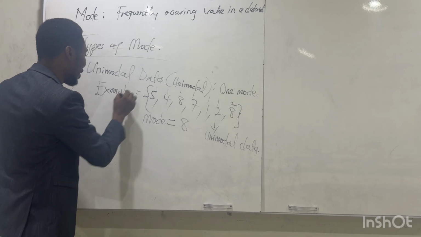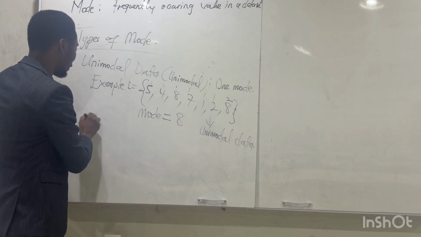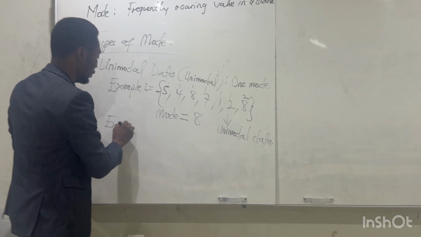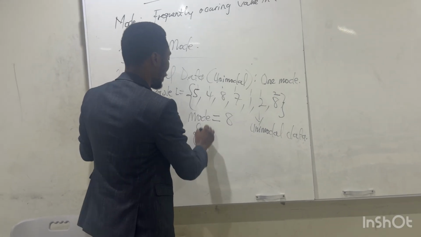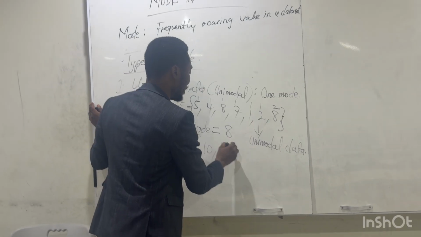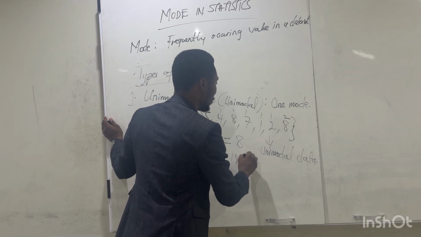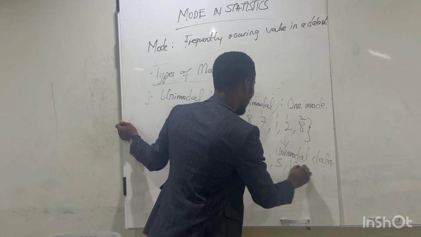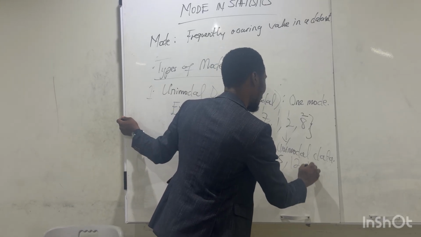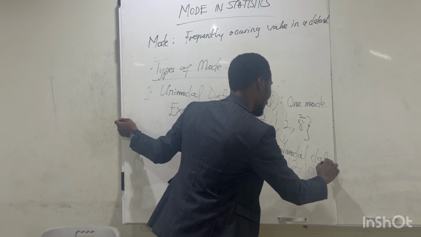Now let's look at another example. 10, 18, 2, 5, 12, 10, 10.